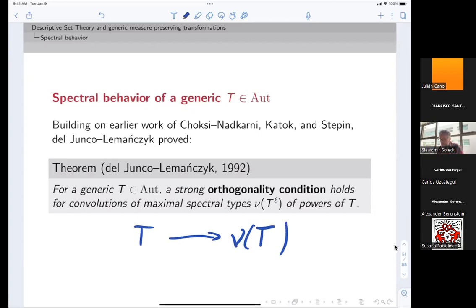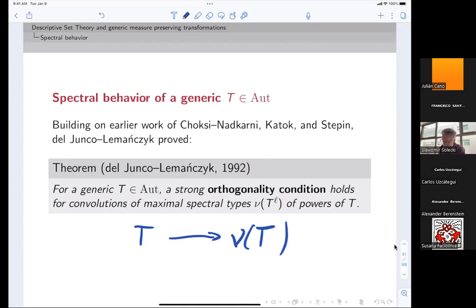So what Del Junco and Lemańczyk do, never mind how it's done, is that the spectral types in some sense classify the transformation. Up to what they call unitary equivalence, the transformation is captured by the sequence of measure types.